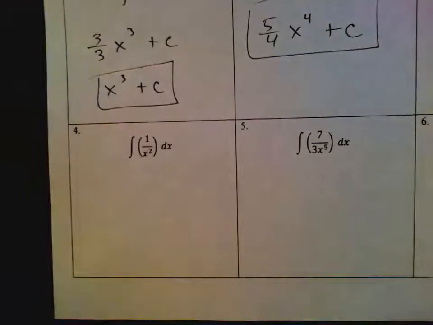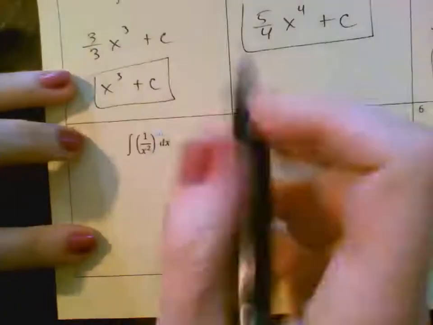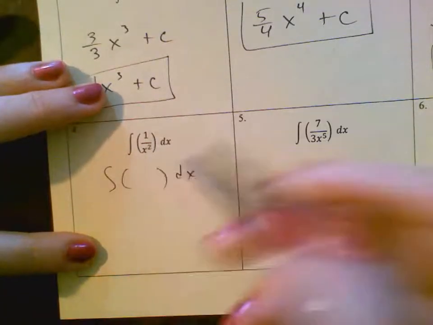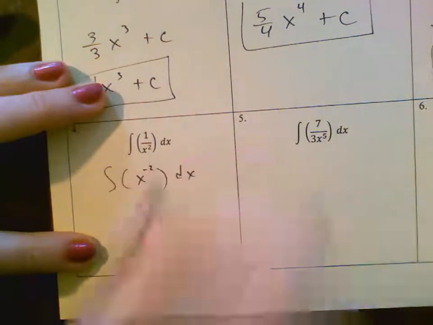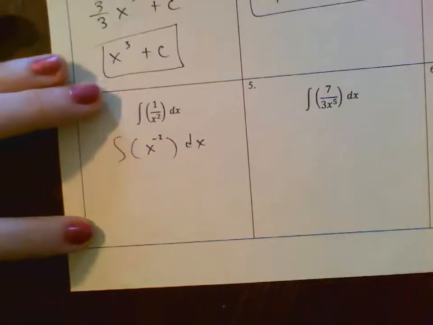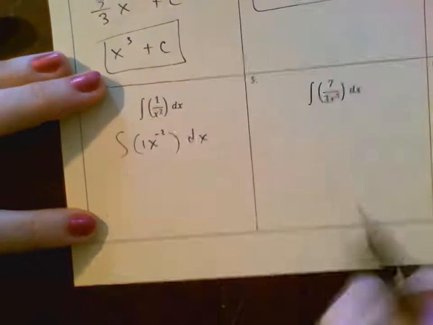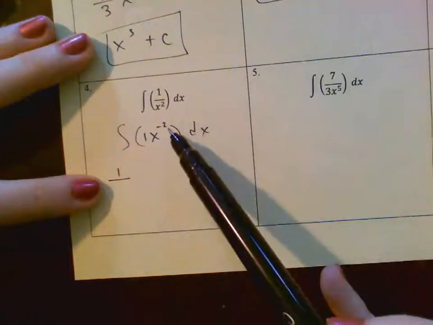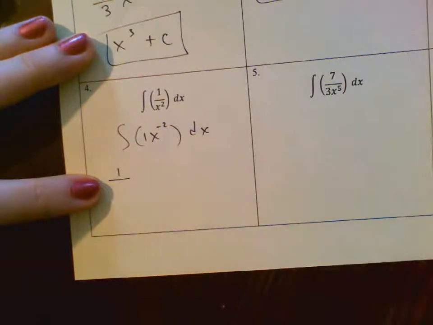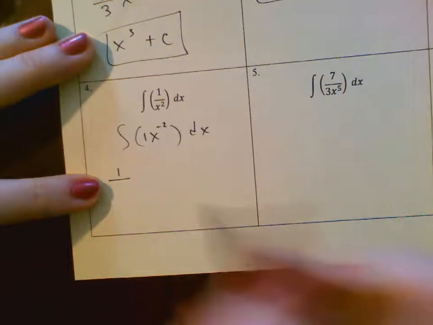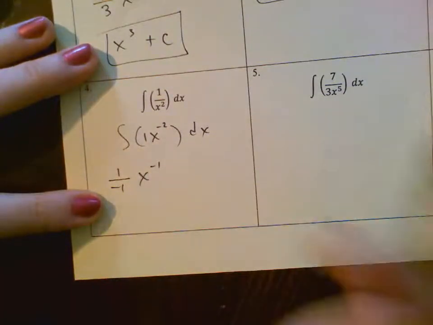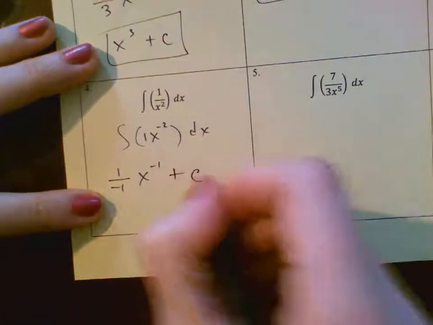Okay. Now this one, again, it needs to be of the form ax to the n. So let me bring down my notation. How could you write that as ax to the n? It'd be x to the -2. Okay. So the coefficient is 1. So it's going to be 1 over -2 plus 1, we're adding 1. -2 plus 1 is -1, and then x to the -1, because we're adding 1 to the exponent, plus c.